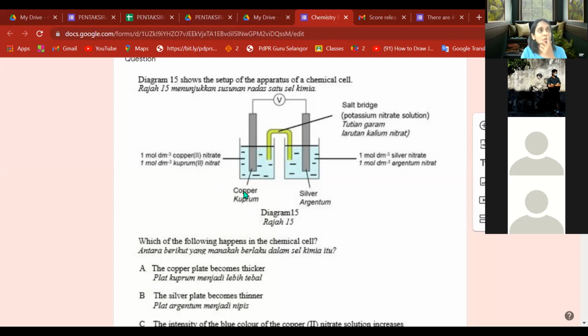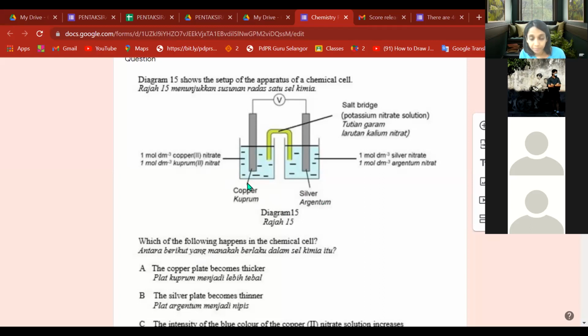If I'm not mistaken, copper is plus 0.34 and silver is plus 0.80. Which one is less positive? Copper. Very good, so copper is my anode.